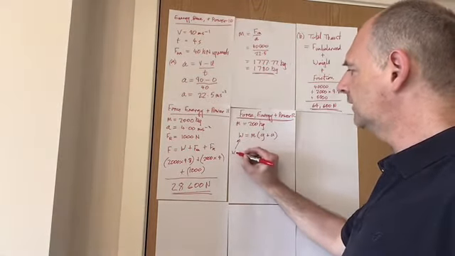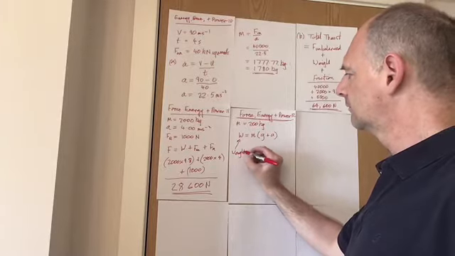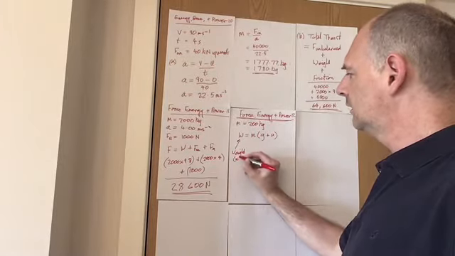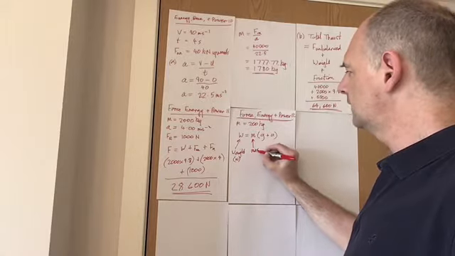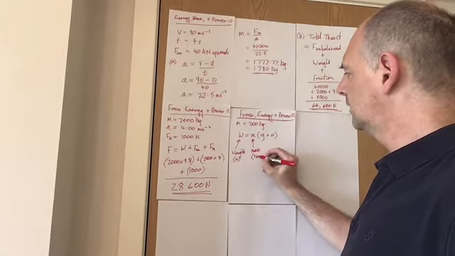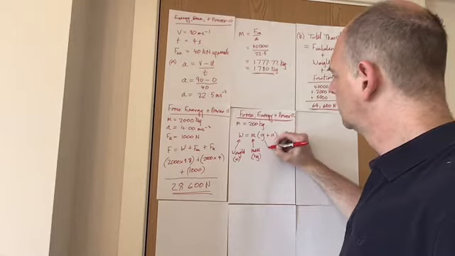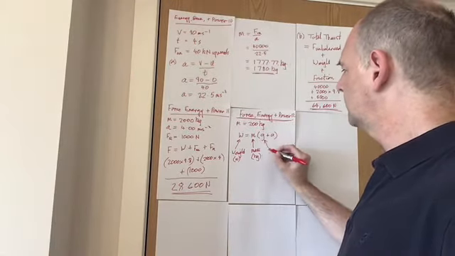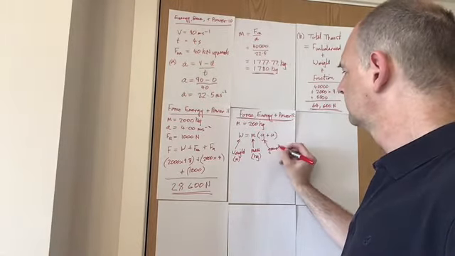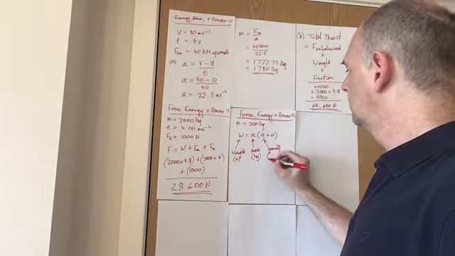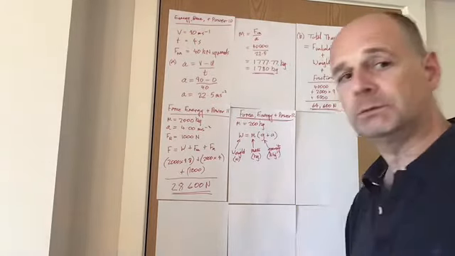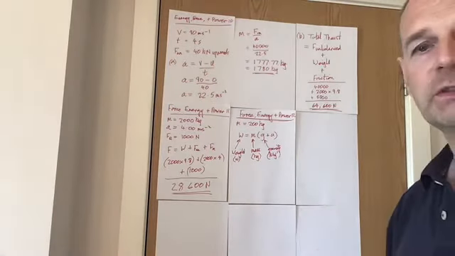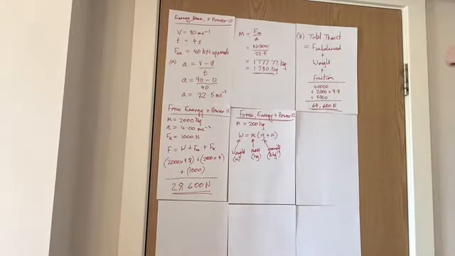W is the weight in newtons, M is the mass in kilograms, G is gravity in newtons per kilogram. Could be meters per second squared. Remember, 1 meter per second squared is exactly the same size as 1 newton per kilogram.